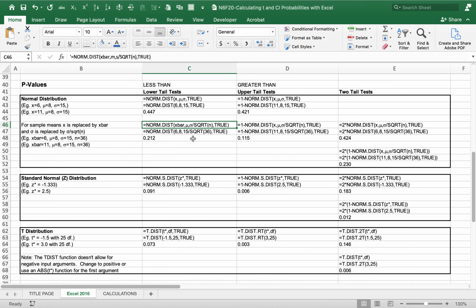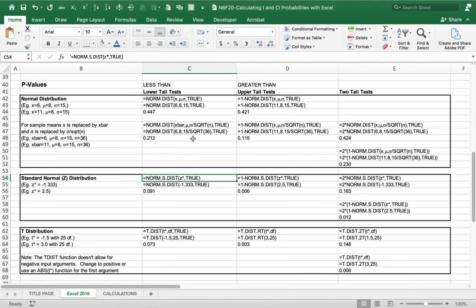It's the same kind of animal when you're dealing with z values. So here's the standardized norm distribution. Norm.s is the same as z, so a z distribution informally. So a norm.s.dist function will give you the point from some z value down.